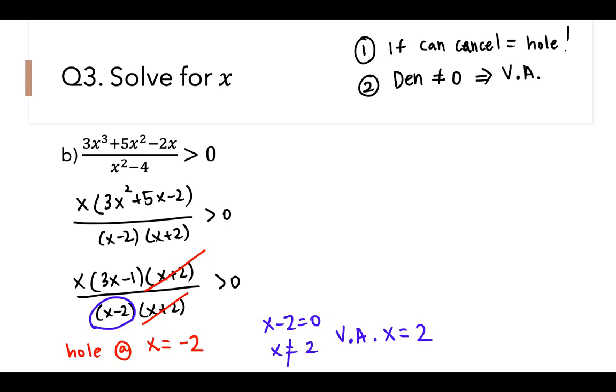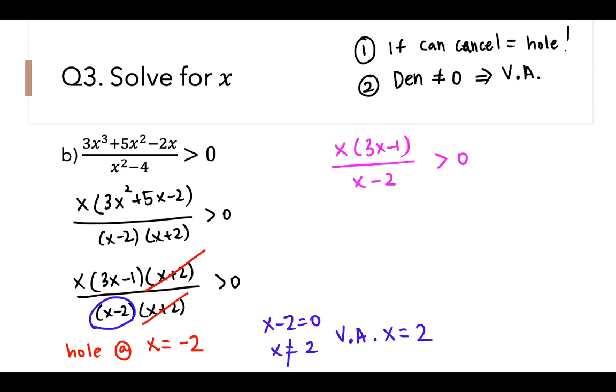So x cannot be 2 because that is the location of the asymptote. So let's write the simplified version. It's going to be x, 3x minus 1, x minus 2, is greater than 0. Okay.